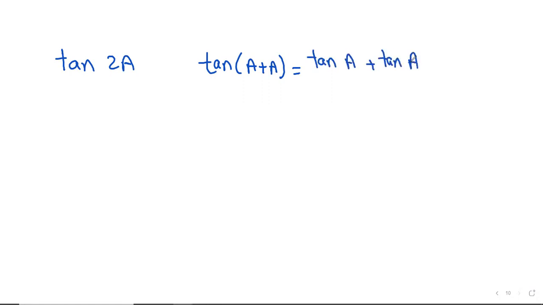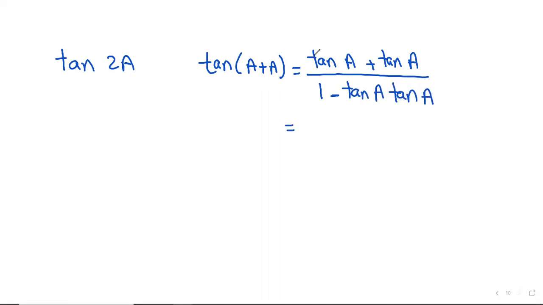What about tan 2A? We can write it as tan(A + A), then apply the rule we have learned: tan first plus tan second over 1 minus tan the first angle multiplied by tan the second angle.